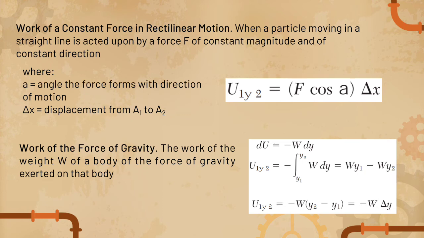The work of the weight is thus equal to the product of W and the vertical displacement of the center of gravity of the body. The work is positive when delta y is less than 0, that is, when the body moves down.